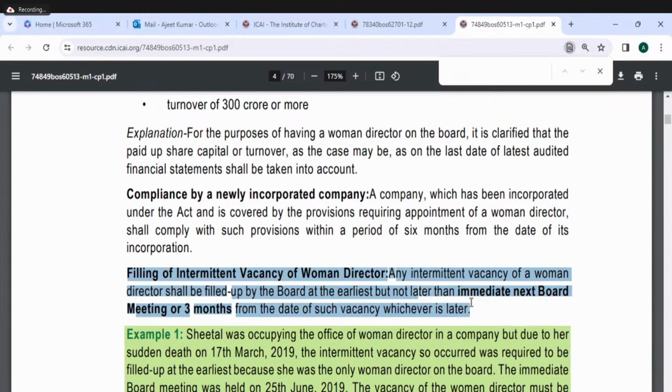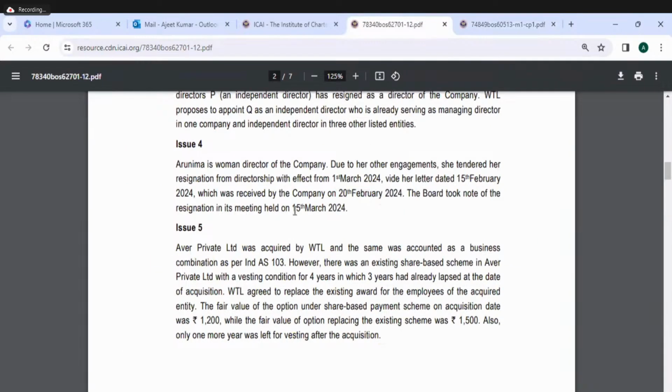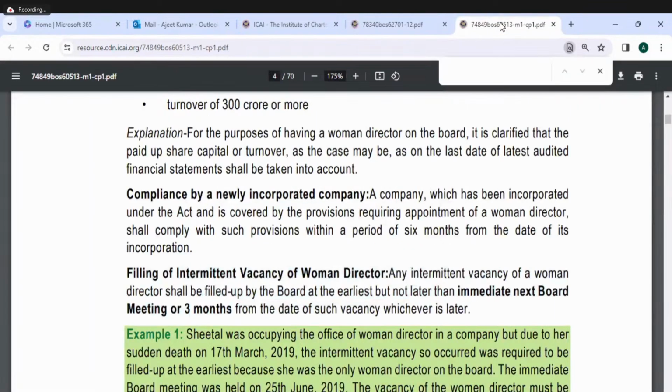So what is the date of my immediate next board meeting? My immediate next board meeting is on 15th March 2024, going again with the provisions, or 3 months from the date of such vacancy.